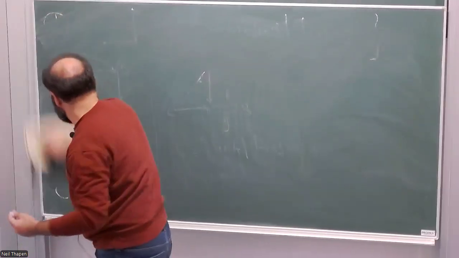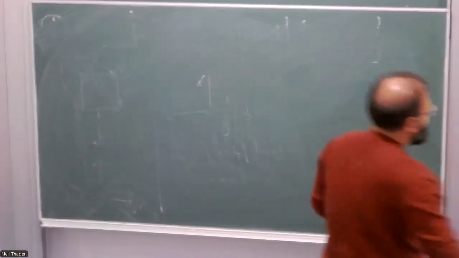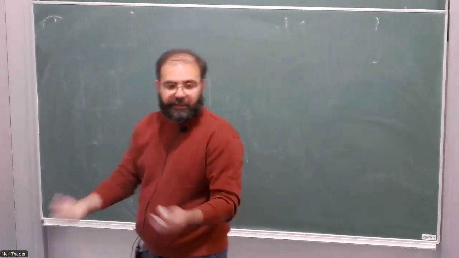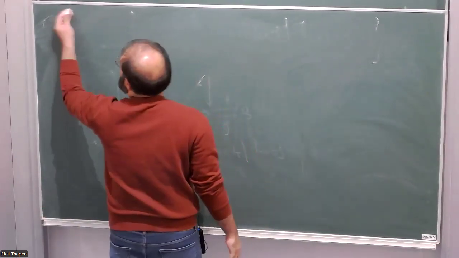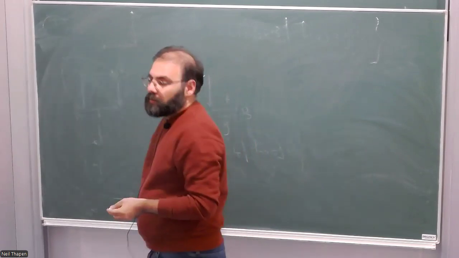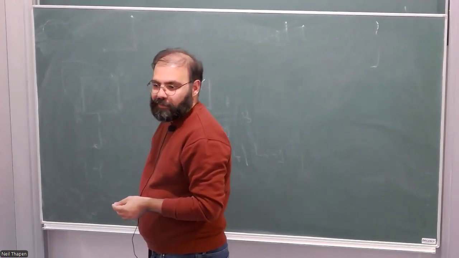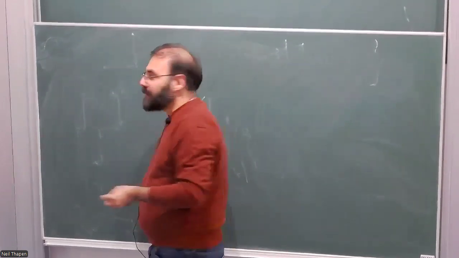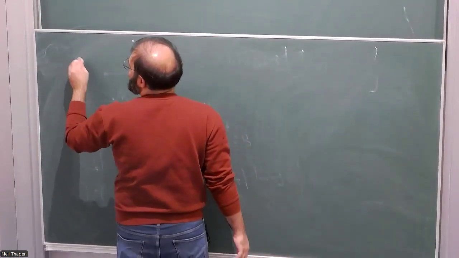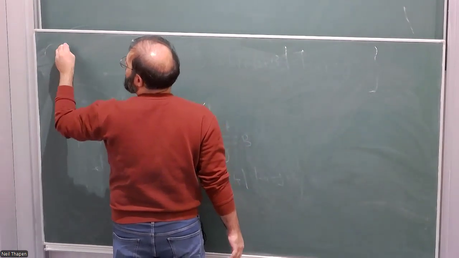So what is a sub-object? If an object in the topos is a set, then a sub-object is a subset. So simply, what is a sub-object? A monic map, exactly. So let's say A is fixed.